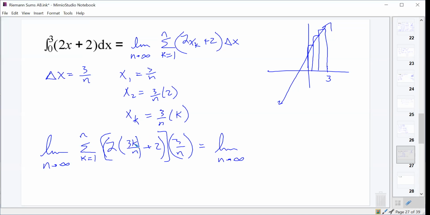The 2 times the 3k over n is 6k over n times the 3 over n, which ought to be 18k over n squared. And then we have a 2 times the 3 over n, which is a 6 over n. Good or no?